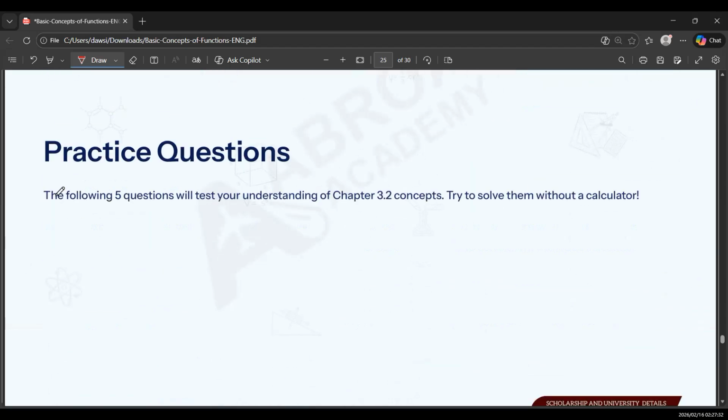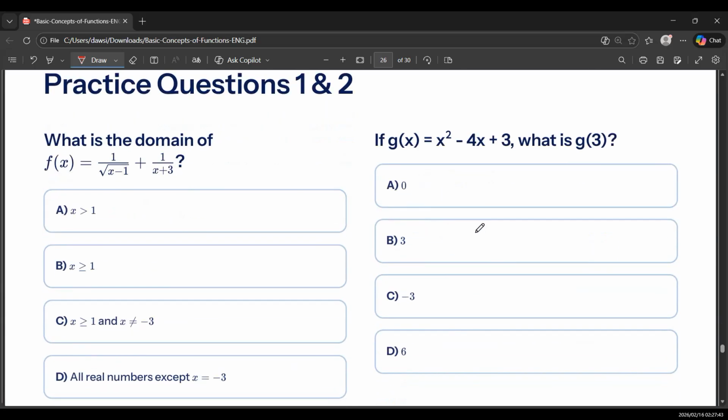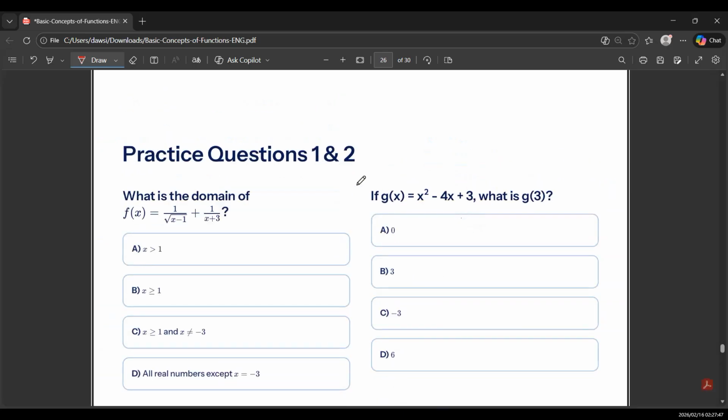Here are practice questions. The following 5 questions will test your understanding of chapter 3.2 concepts. Try to solve them without a calculator. Here's a practice problem for you. Now you have to solve this. Take a screenshot or pause the video.